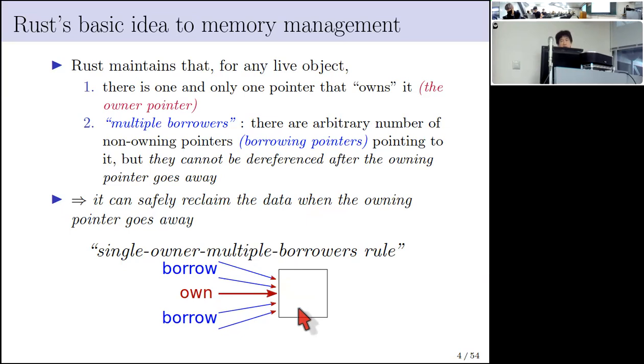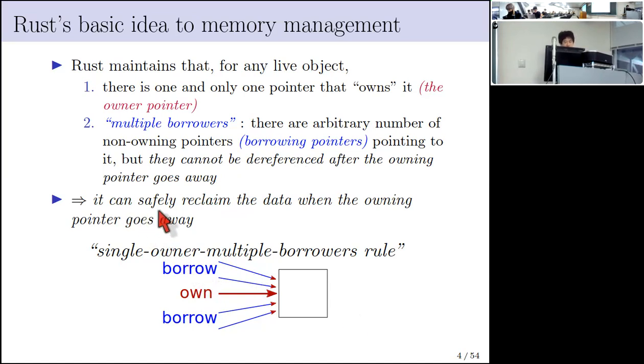For any object or memory block, there's one pointer pointing to it, and there may be any number of borrowing pointers. I haven't talked about how exactly, but somehow we guarantee that these borrowing pointers are not dereferenced after the owning pointer goes away.